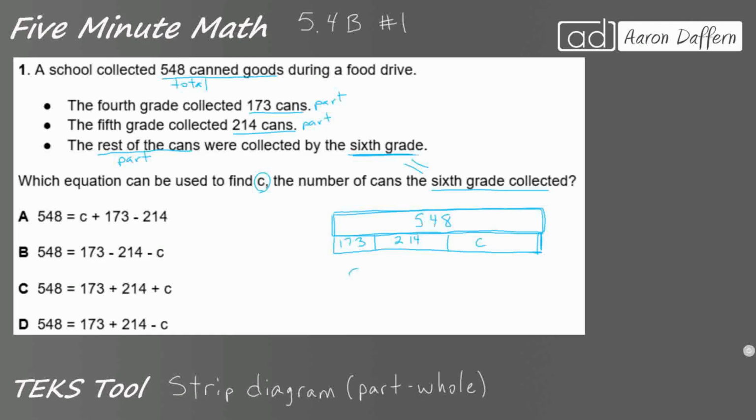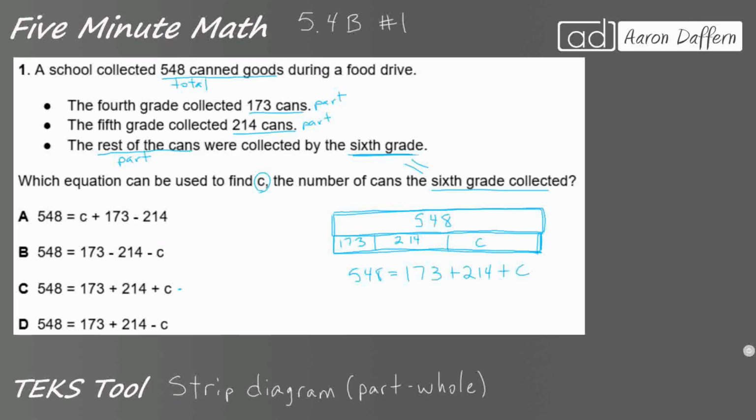So we can say 548 is equal to these three quantities added together. That's what a part-whole relationship does. So I've got 173 plus 214 plus C. And that's going to be good.